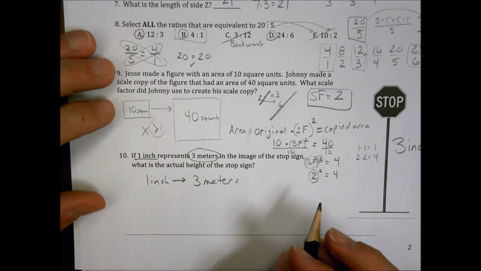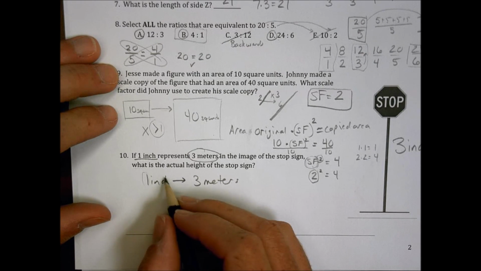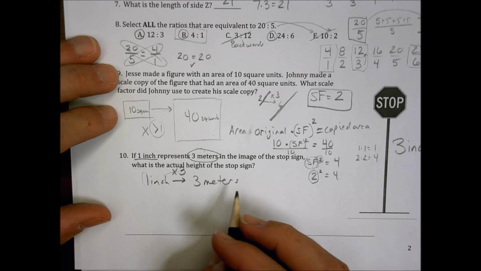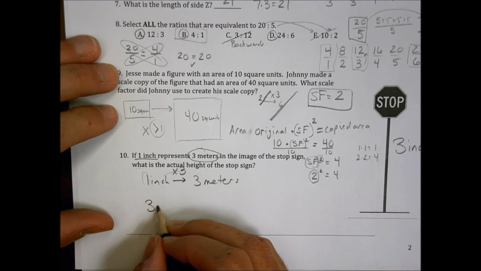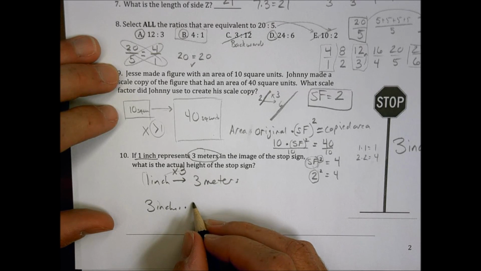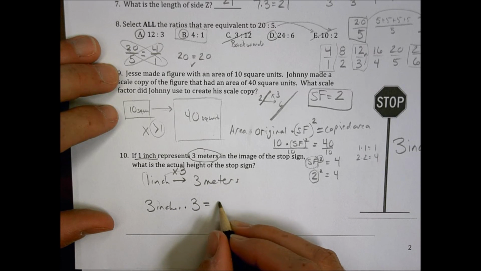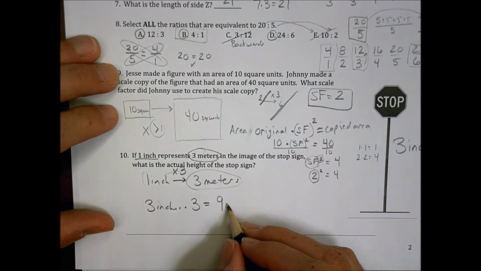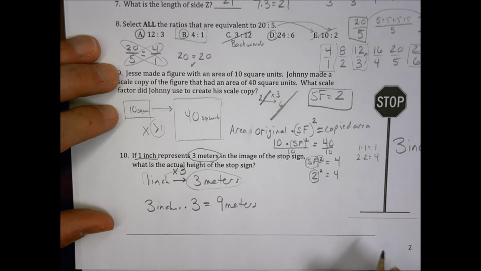So to get from the 1 to the 3, I am multiplying by 3. In this case, I had 3 inches, and so I'm going to multiply that by my scale factor of 3 to come up with 9. And this is not 9 inches, but instead 9 meters. And that's what we do for number 10.